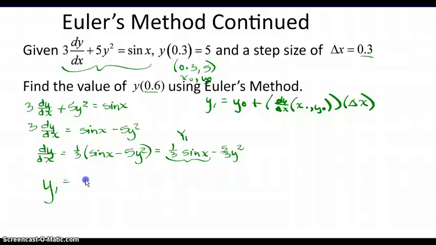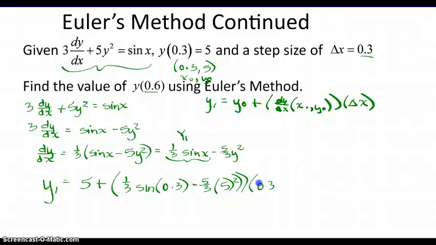So y1 is y naught plus the slope through the previous point, which is 1/3 sine of the x value, x naught is 0.3, minus 5/3, the y value is 5. So there is dy dx through x naught, y naught, times a change in x. There we go. All right, and so whatever I get here will be the approximation using Euler's method for y of 0.6.